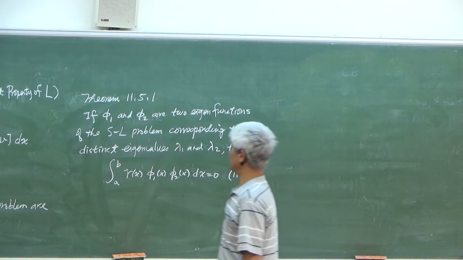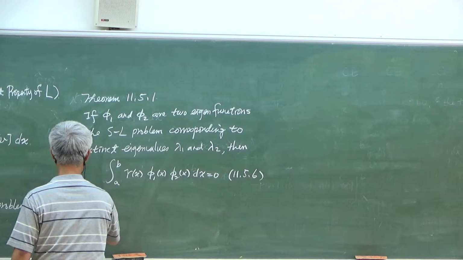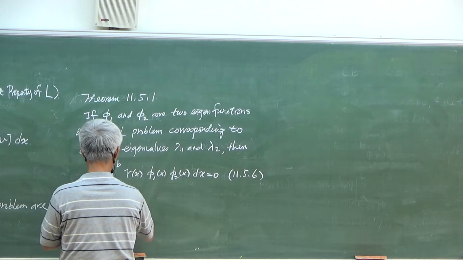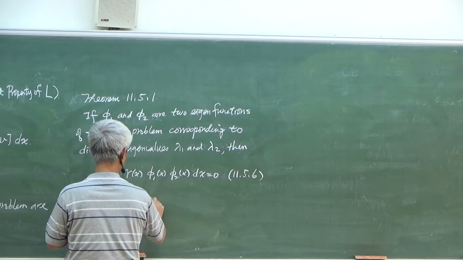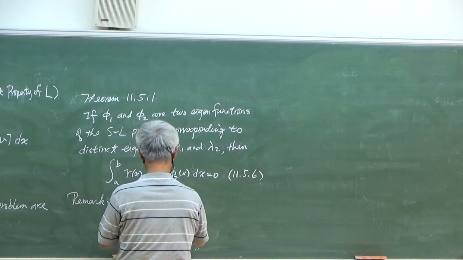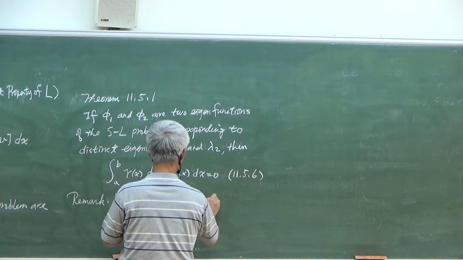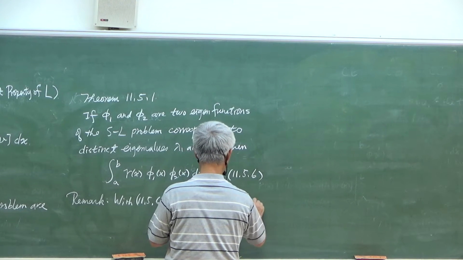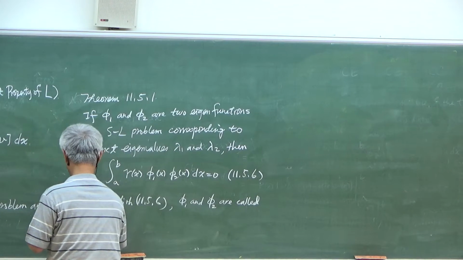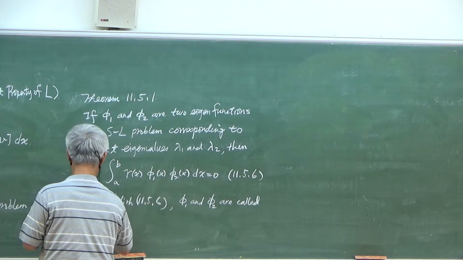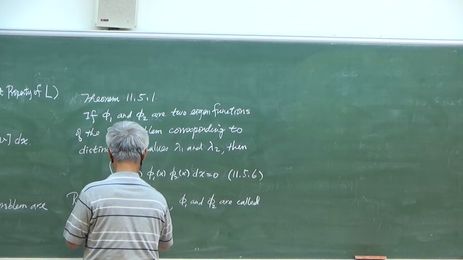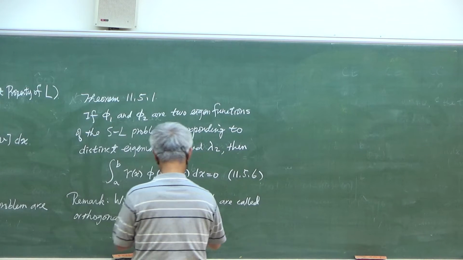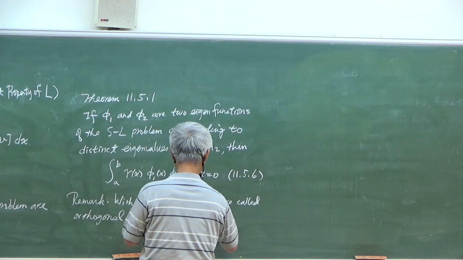And the remark with 11.5.6: phi1 and phi2 are called orthogonal with respect to R(x).